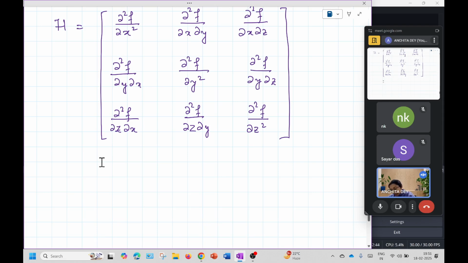So the third condition is simply check that f of x.